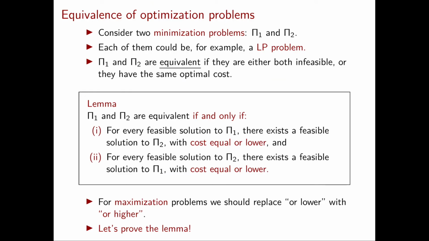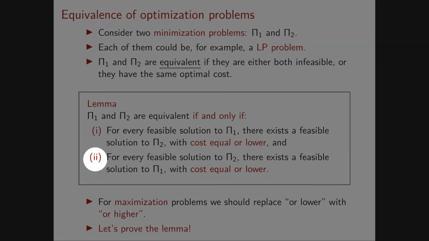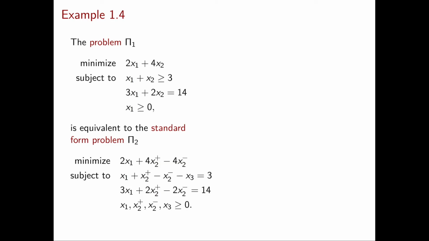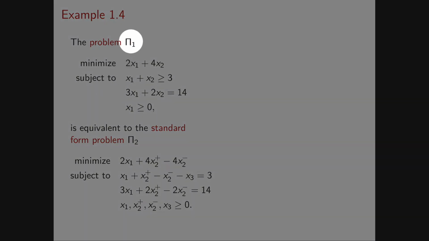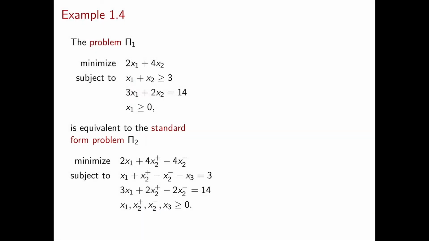Great, now that we've proven our lemma, we definitely have a better understanding of equivalency, and we also have a nice way of checking that two problems pi1 and pi2 are equivalent. Everything we need to do is check condition 1 and 2. So let us get back to our example 1.4, and we call the original general form linear programming problem pi1, and instead the standard form problem that we obtain will be called pi2.